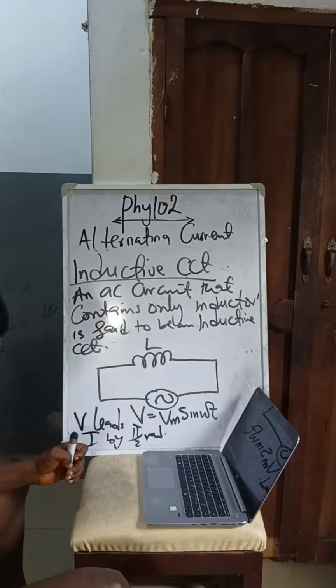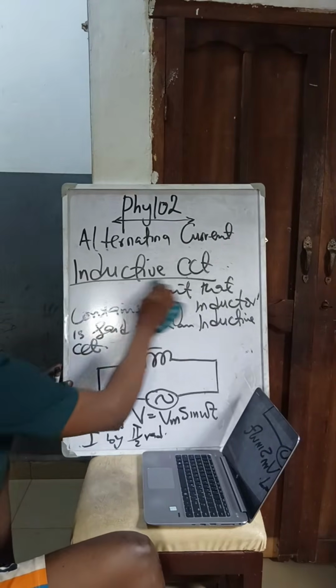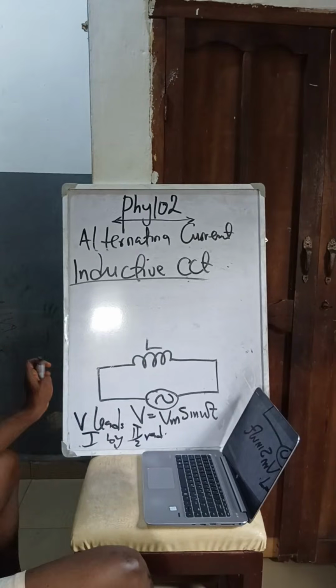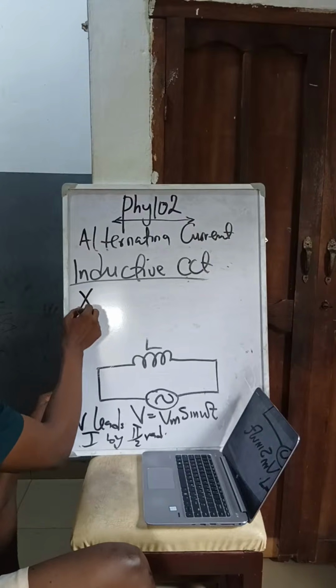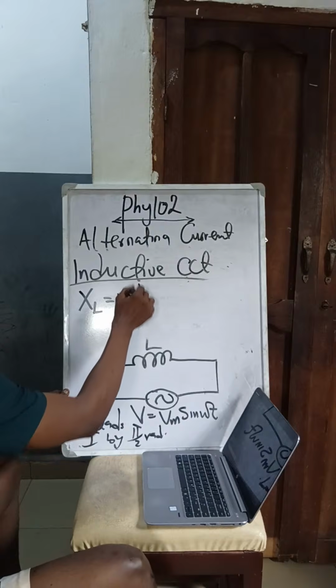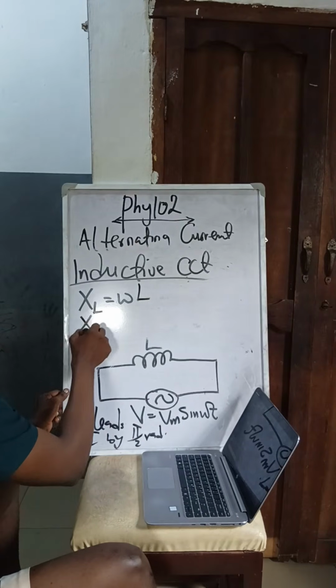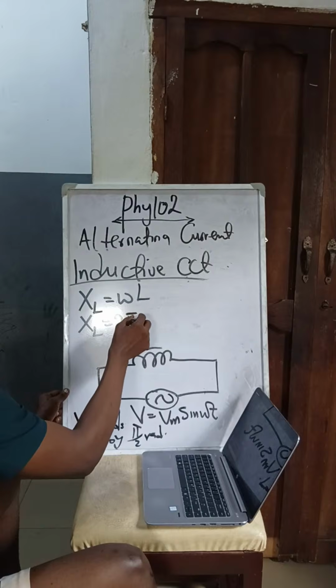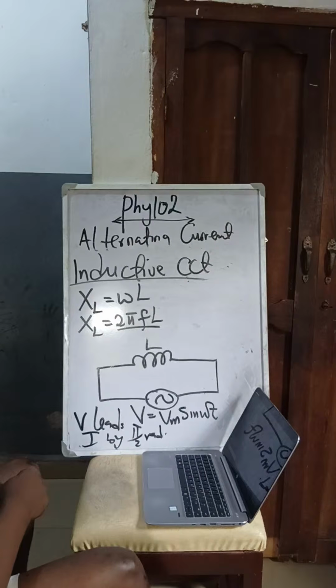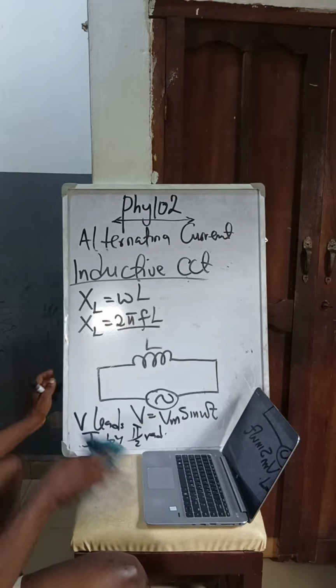Inductive reactance XL is equal to WL, which is 2 pi FL. The unit of inductance is Henry.